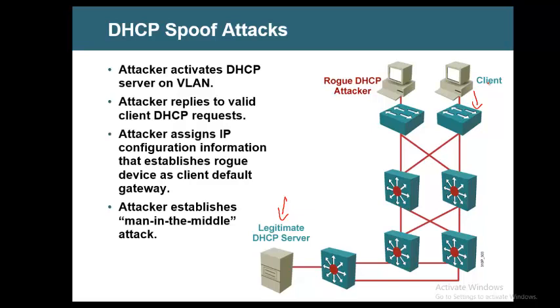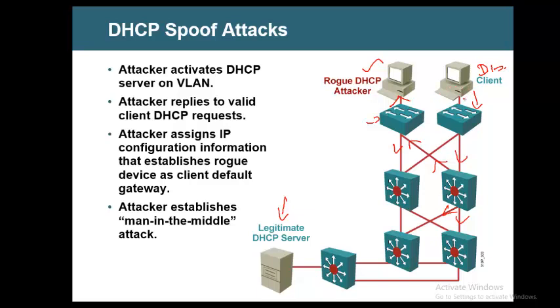Because it is a broadcast, it was sent to all ports. This came here, and this switch again will broadcast to all ports, and it went even to the rogue DHCP server.